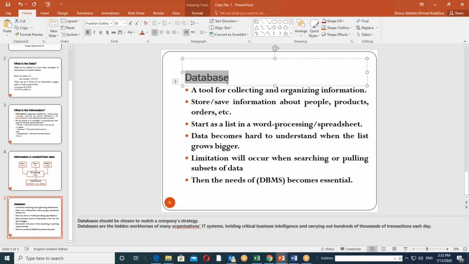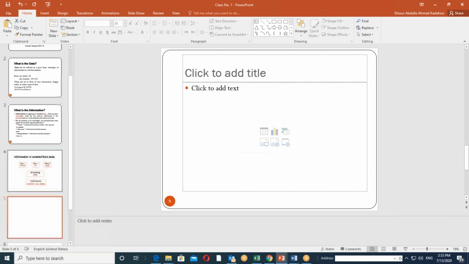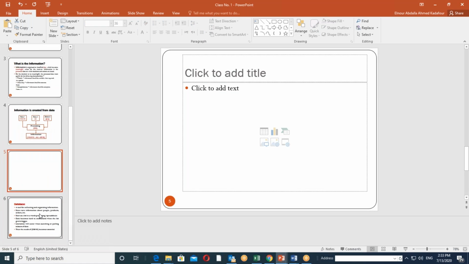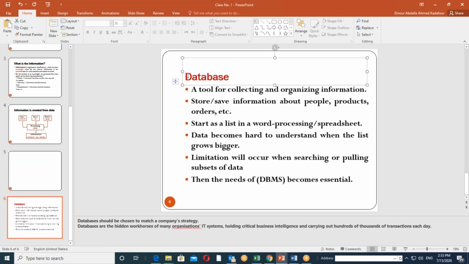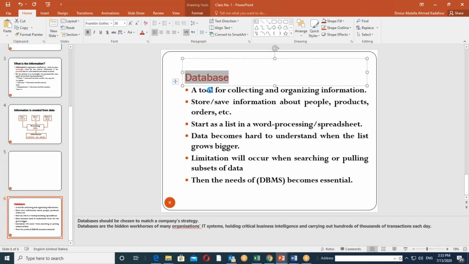This is our major course, the database. I want to make this slide very simple for you, so I want you to have a correspondence between these two slides.